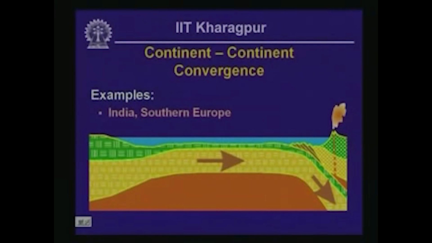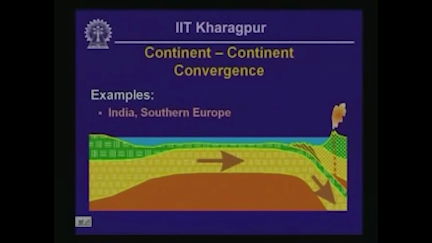And also there is another example for this type of convergence, and that is in the southern part of Europe, where again there is another very important mountain range which is the Alps. Now this type of convergence actually begins, as you can see on this particular cartoon here, as a convergence between oceanic plate and a continental plate.